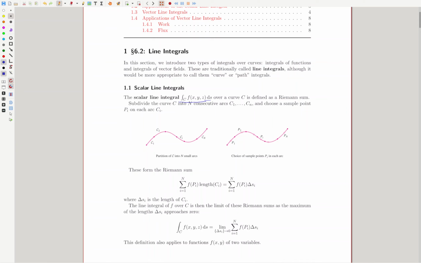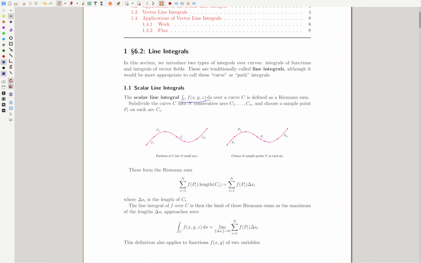You'd construct a Riemann sum out of this by using the value of the function at the point pi as being the height of the Riemann sum, and then the length of the arc, or the subdivided curve. The length of that subdivision is going to be the delta s, and then you sum up over all pieces.